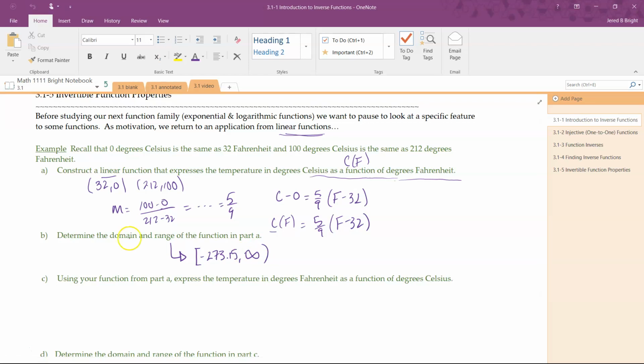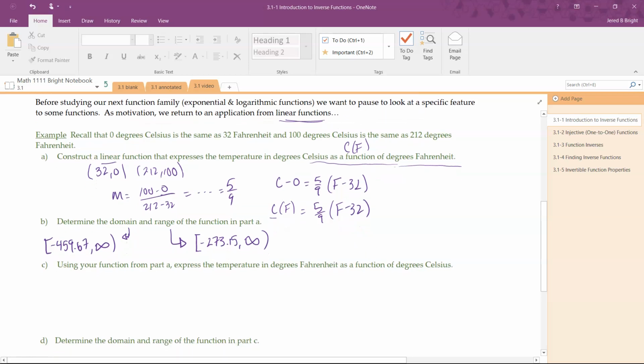For the domain, you might want to confirm this, but last I recall, absolute 0 in degrees Fahrenheit is negative 459.67, and then off to infinity would be the domain here. So the domain is the range of temperatures which we can have in degrees Fahrenheit, and the range here is the values for temperature that we can have in degrees Celsius.